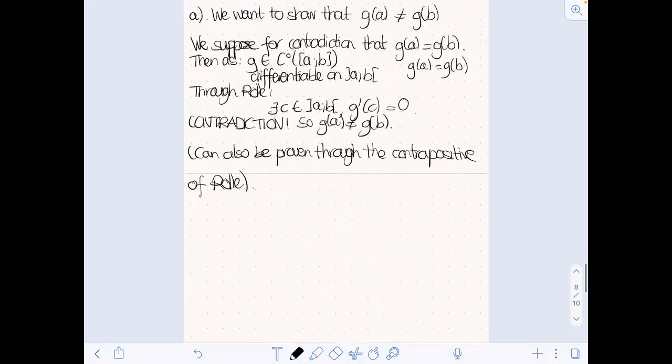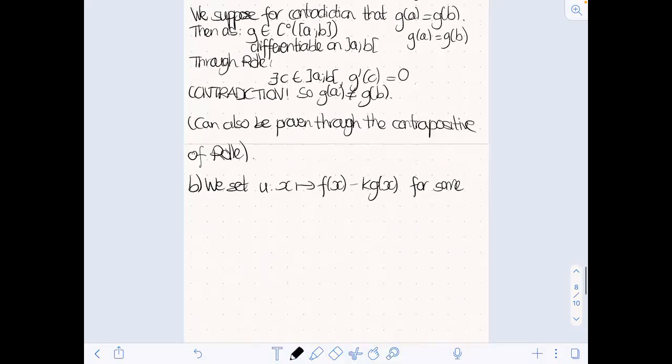So let's do that. We set u, which maps x to f of x minus k g of x for some real k. We don't know what the value is yet, and we'll have to specify it at some point.